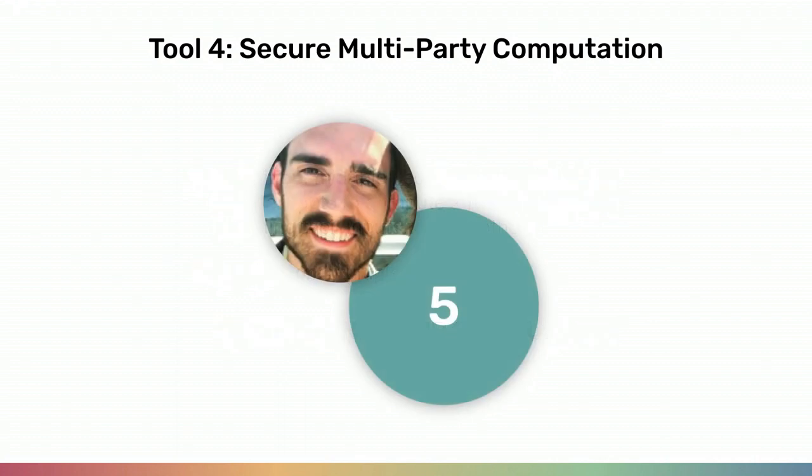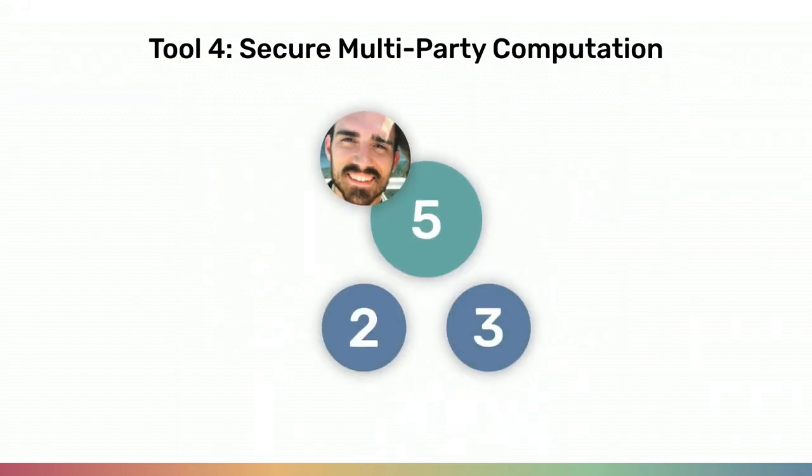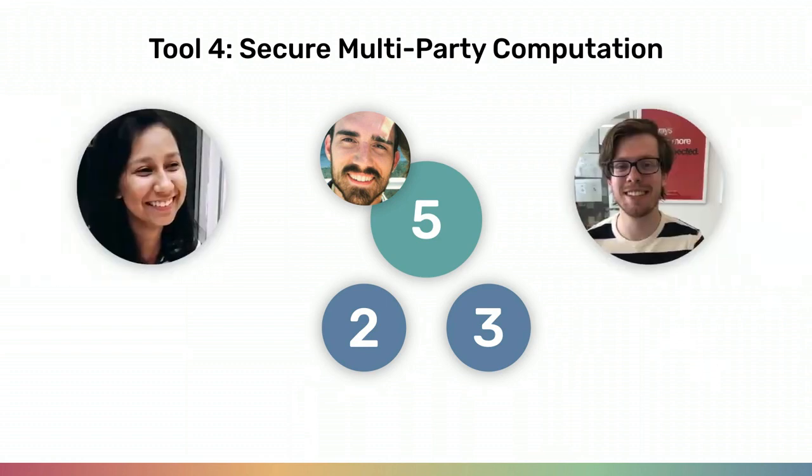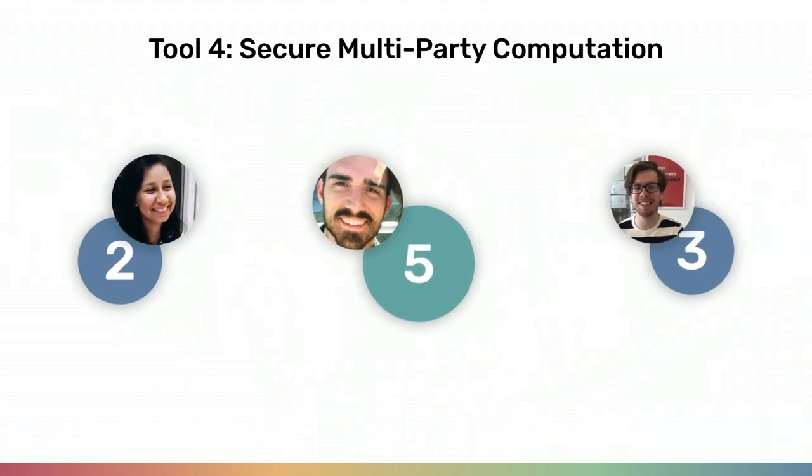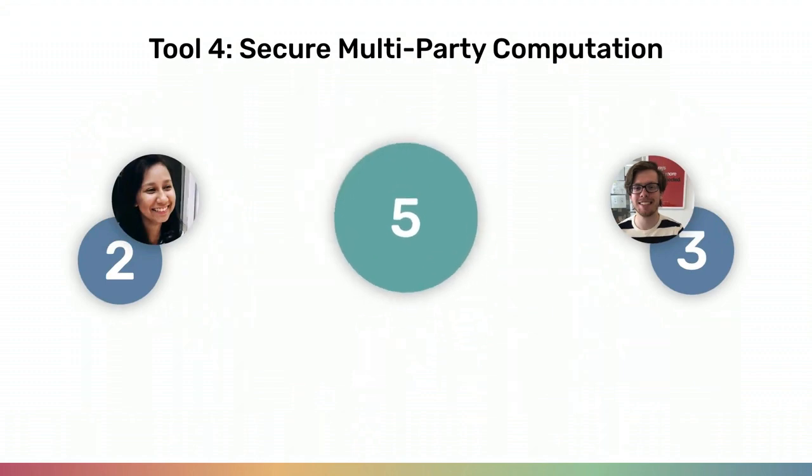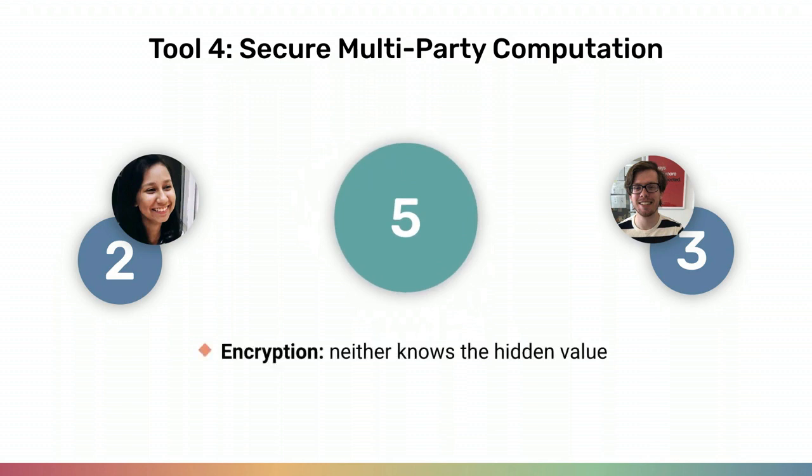Let's say I have the number 5, and I split it into 2 shares, a 2 and a 3. 2 plus 3 equals 5. I'm hand-waving over a little bit just to go quickly, but for the sake of this example, that's how we're going to encrypt this. Let's say I have 2 friends, Marianne and Bobby, and I give them these 2 shares. These are now the shareholders of this number. I disappear, and now this 5 is encrypted between the 2 of them. Why is it encrypted?